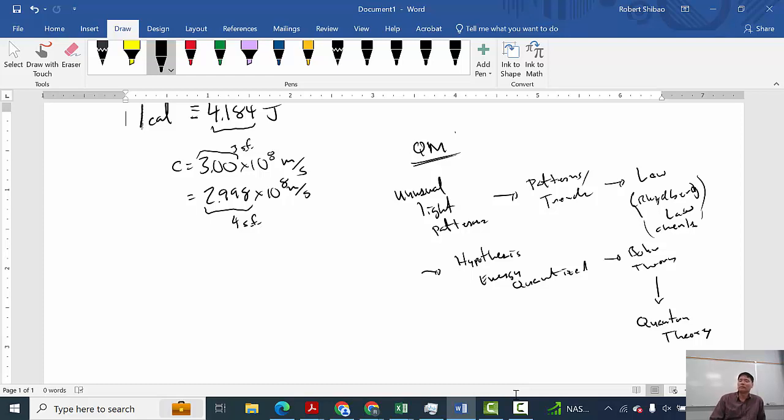Continuum versus quantized. What was the difference? A continuum is everything's allowed, and quantized, not everything's allowed. Yeah, other questions you guys have, we can cover those now.